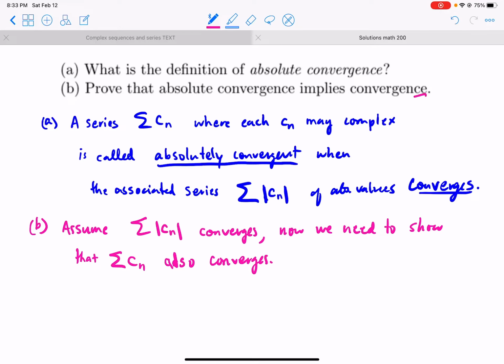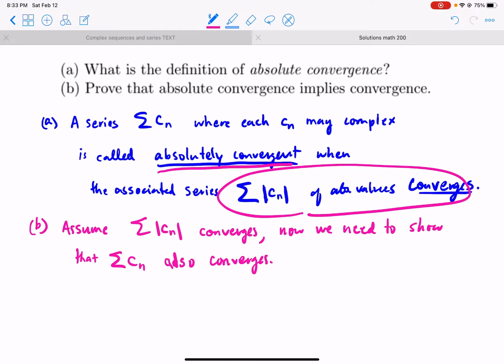If we prove that, then we've shown that absolute convergence implies convergence. Notice, we didn't say whether this series converged or not. We just said some series is called absolutely convergent when this series converges. Now what I want to prove is that if this series converges, then also this one converges. Super useful.